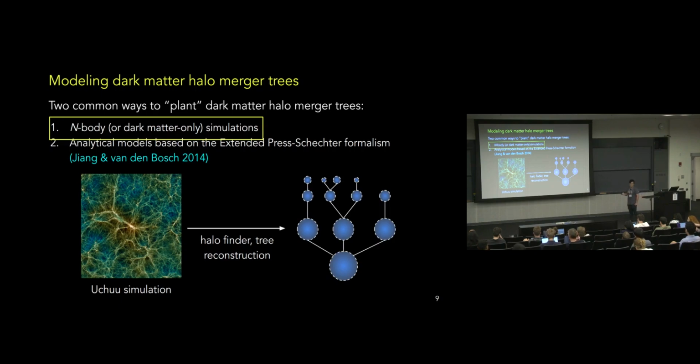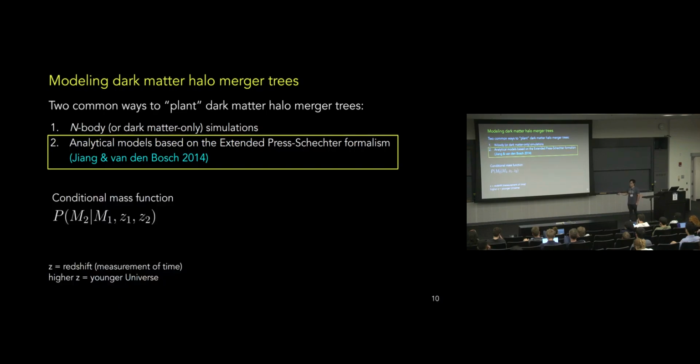And the second way that you can do this is with analytical models with the extended Press-Schechter formalism. So what people typically do is, one of the most important properties of a halo is the mass, right? So the extended Press-Schechter gives you the conditional mass function. So let's say I have the Milky Way at present day with this mass, what are the likely progenitors of the Milky Way at some time in the past, and what's the probability density distribution of that mass, right?